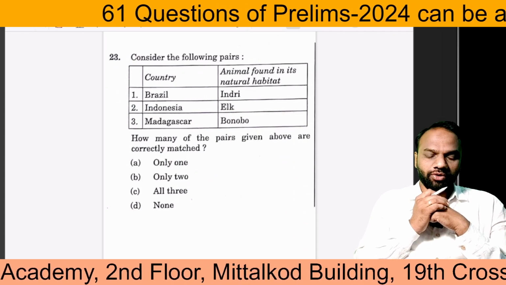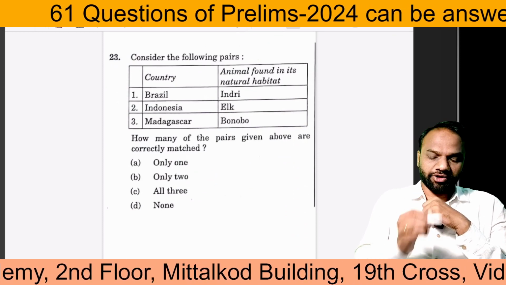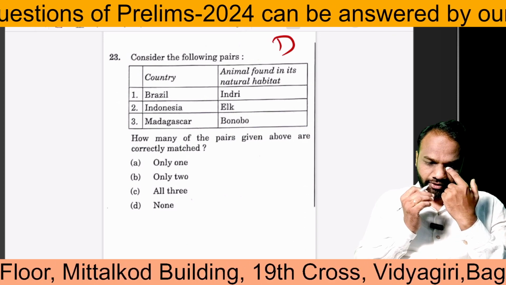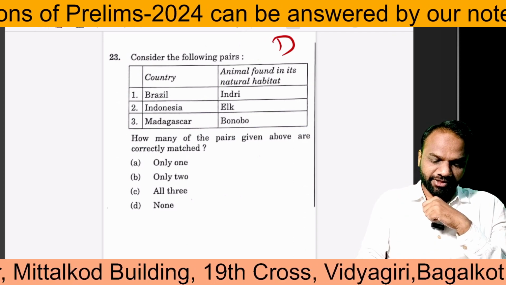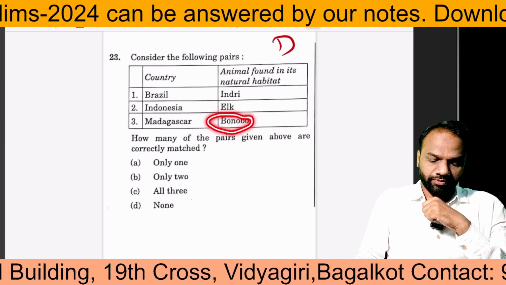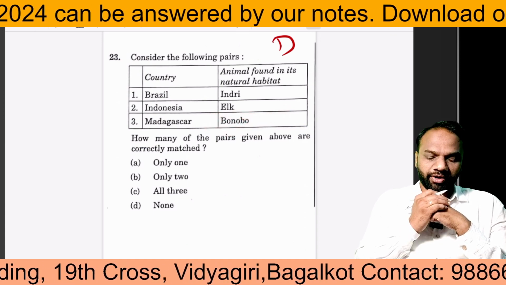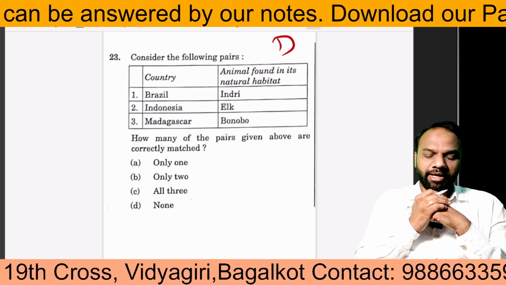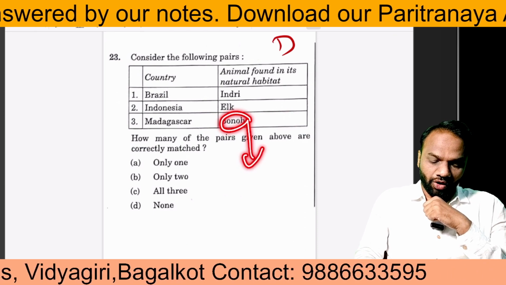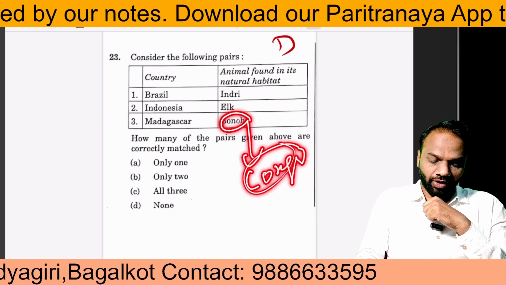Next, again, this is a bit difficult question because this time they are not focused on the species of India. They have focused on some global species. So here the important species is bonobo, because it is covered under the Great Apes Species Survival Program. Bonobo is present in Congo, not in Madagascar.